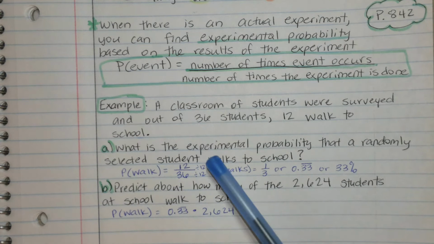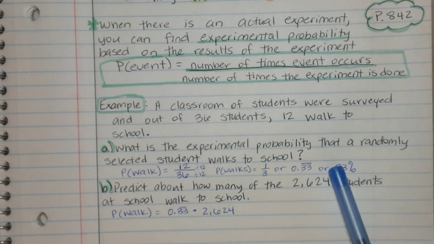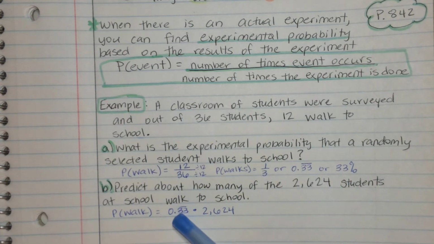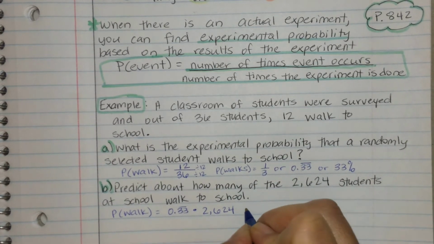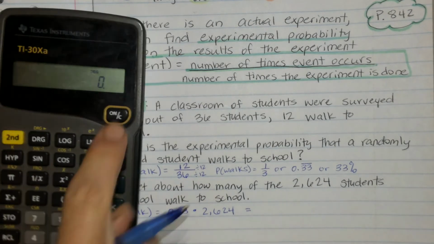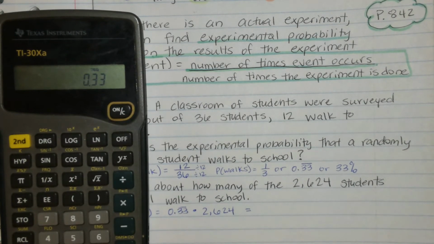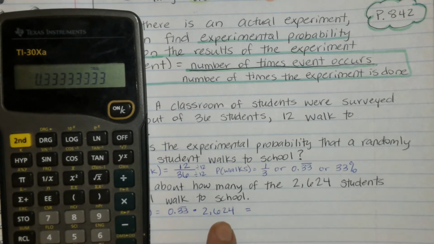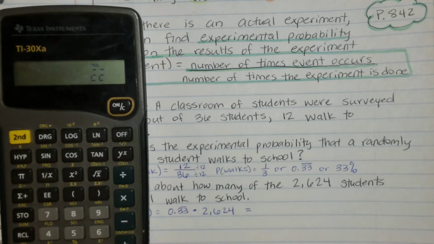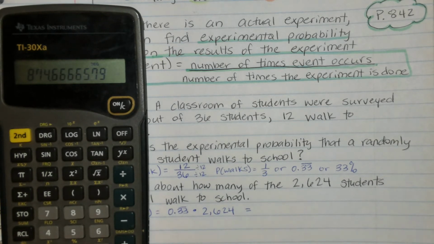First, find the probability of walking students in the classroom, and then multiply that probability. I prefer to pick the decimal and multiply that decimal by the total number. So we're going to get it right now. 0.33. Remember that it did repeat, so I want to just do a bunch of 3s to get a more accurate value, times 2,624. Now remember, we're calculating people.